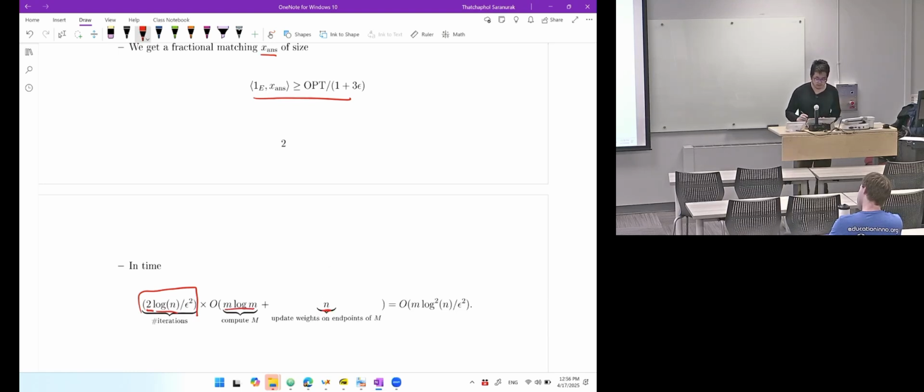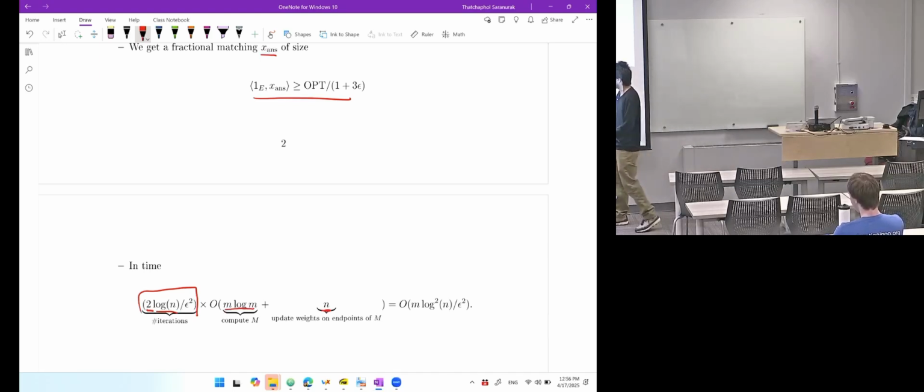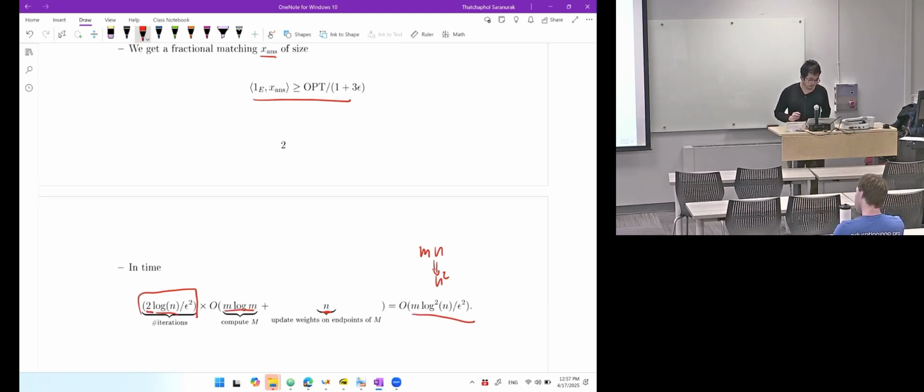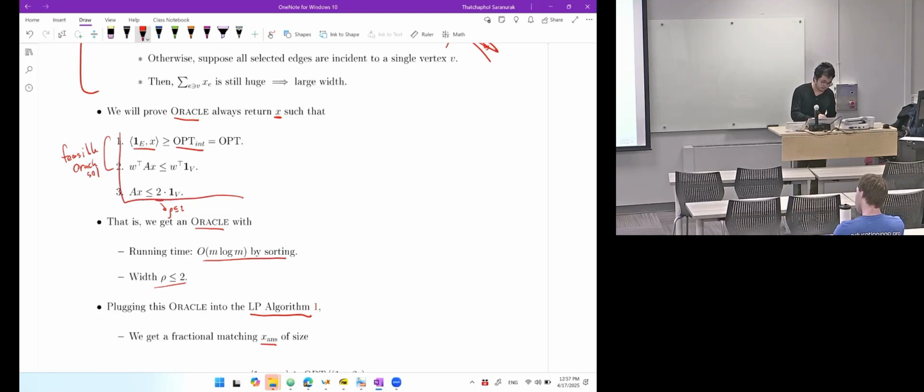And we're going to update the weight on at most n nodes. So the total running time is something like this. Last time we saw an algorithm that has running time something like mn, and we improved it to n squared, but now it's linear in m. So it remains to prove these 3 things.